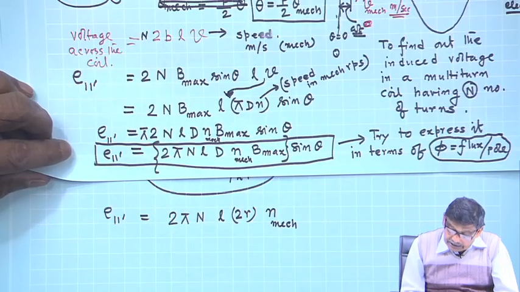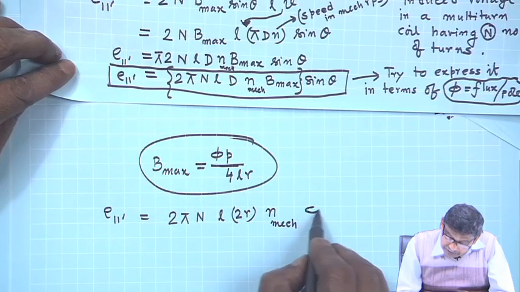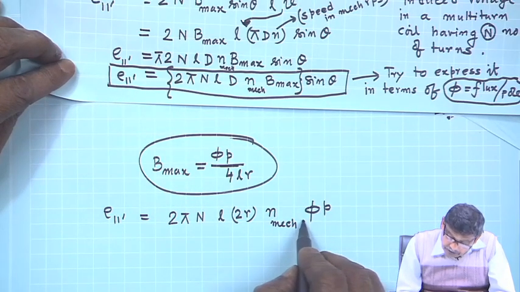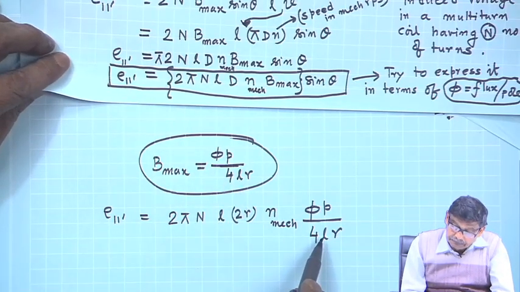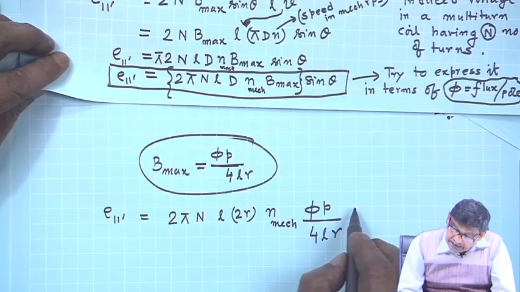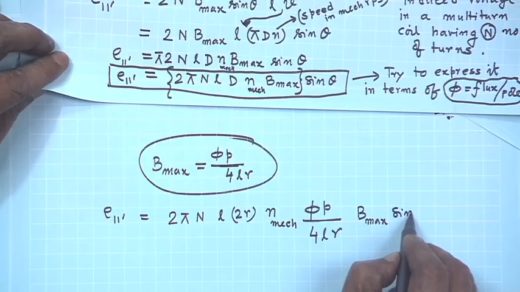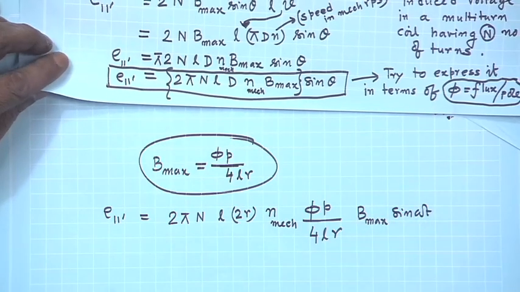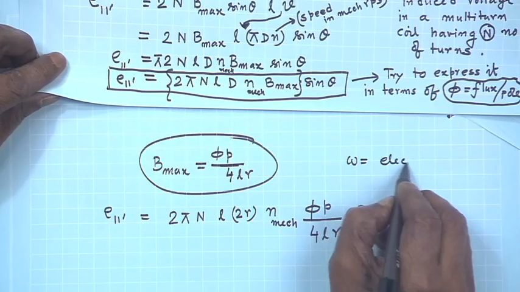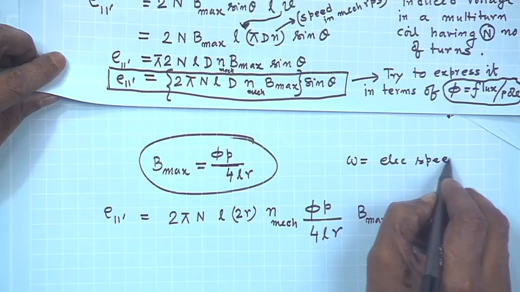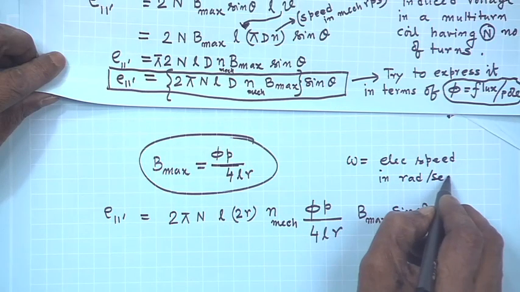It indicates the mechanical speed. Then B max, and for B max I write phi P by 4 L R from this, into sin omega t. What is omega? Omega is the electrical speed in radian per second.